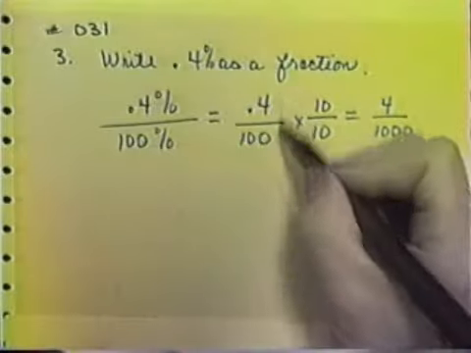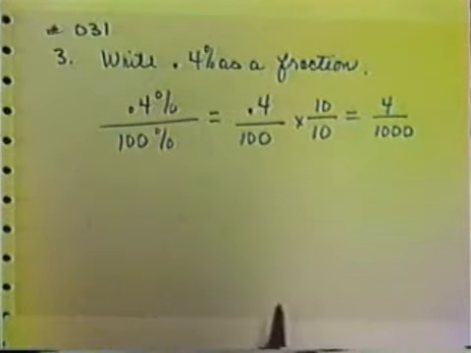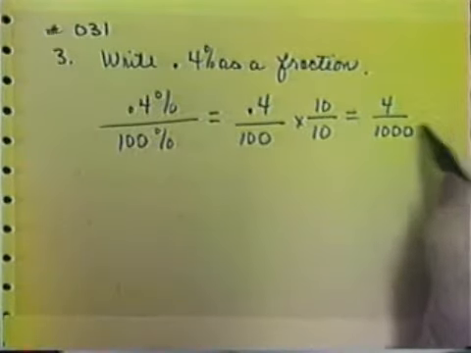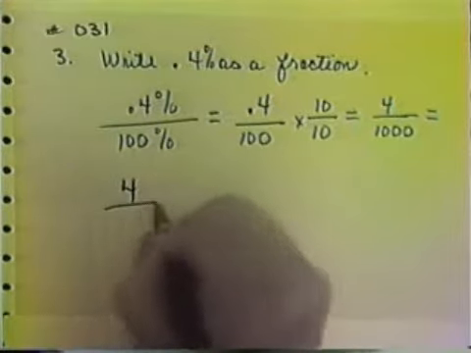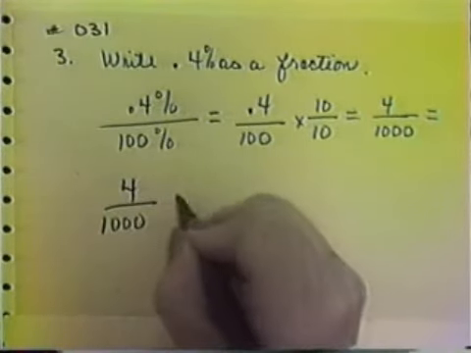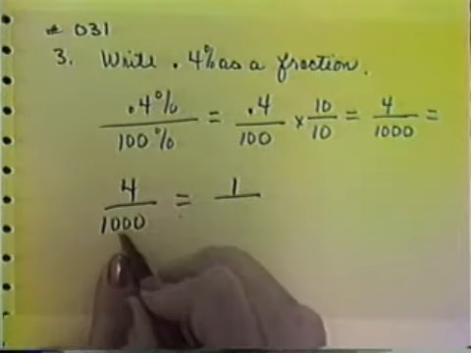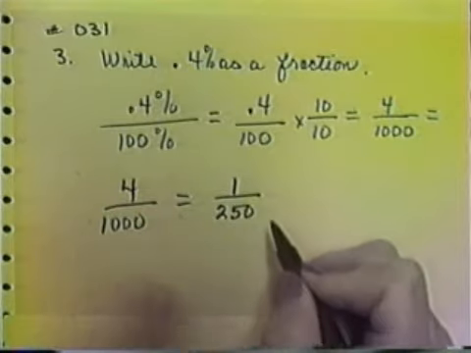So we can't leave our answer like this because it has a decimal in it. Fractions can't have a decimal in their numerator or denominator if they're reduced. So we multiply by 10 over 10, and now we need to reduce 4 over 1,000. 4 divides itself one time, and 4 divides 1,000 250 times.